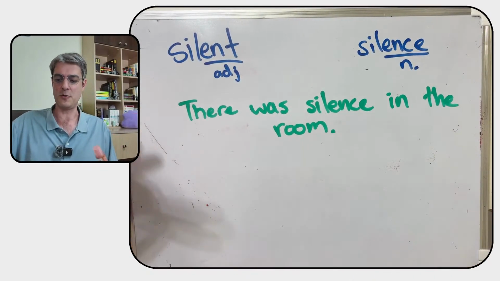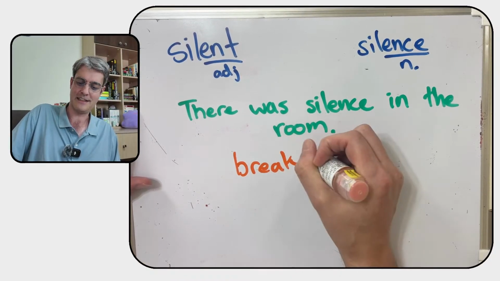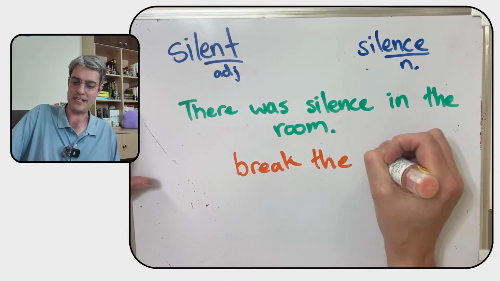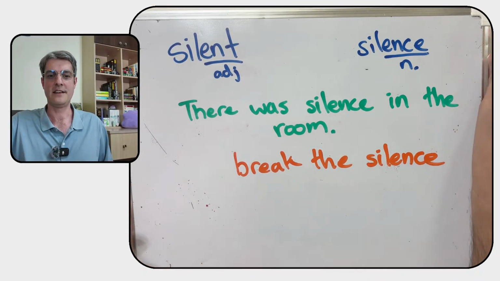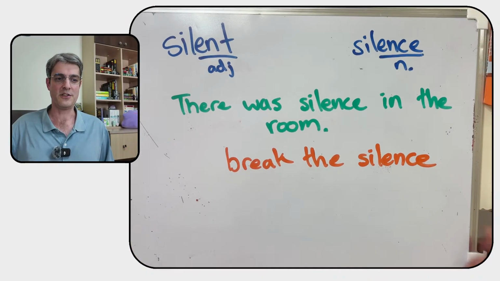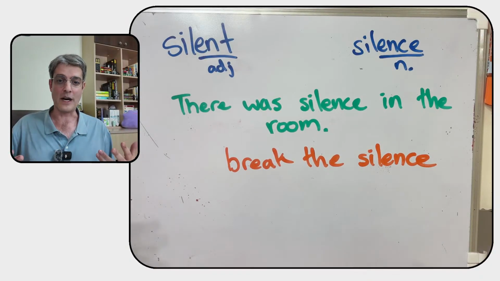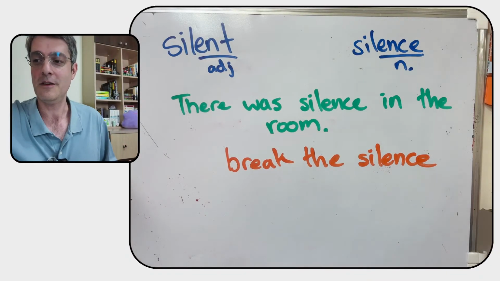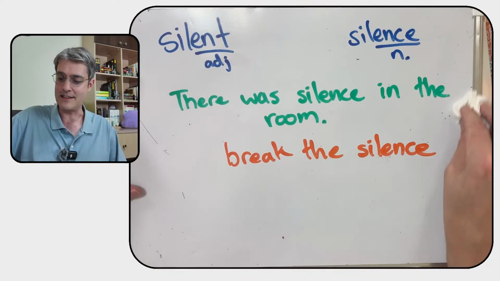And then our next special one is to break the silence. This is another good collocation, to break the silence. And what this means is that when you break the silence, you start talking after a long period of quiet. Now it could just be because the room is quiet, so you finally break the silence.